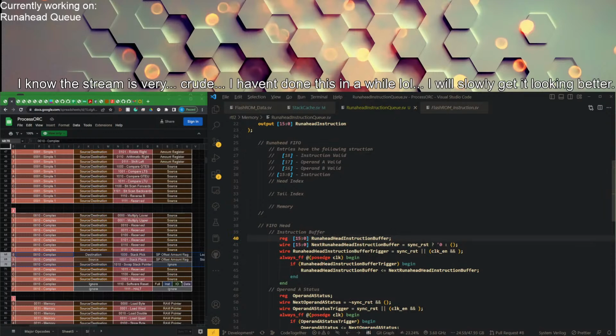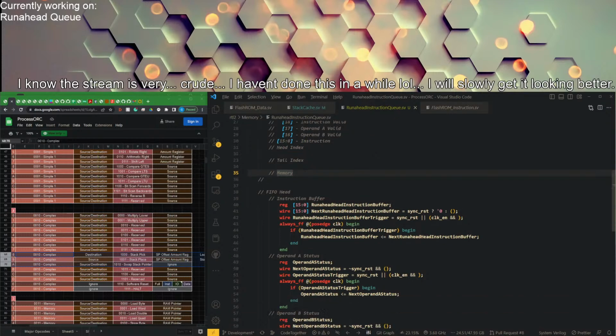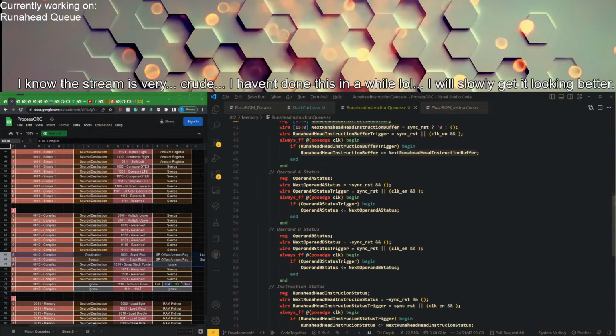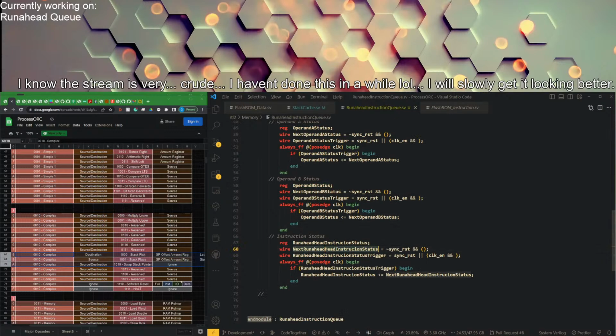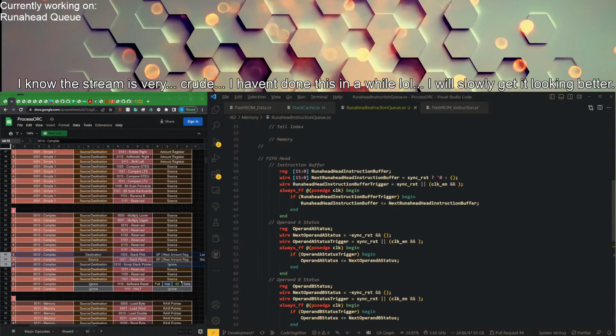So you have a FIFO right here that'll read and write, and you duplicate whatever value is on the head of the FIFO into this buffer. And then you really just need to write these 3 values. Yeah, that's the solution around what I was complaining about.